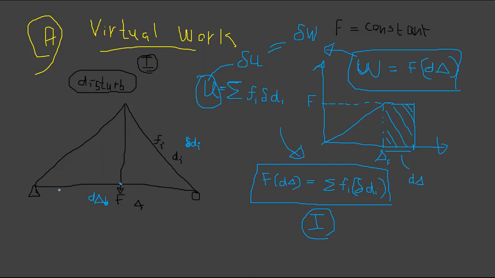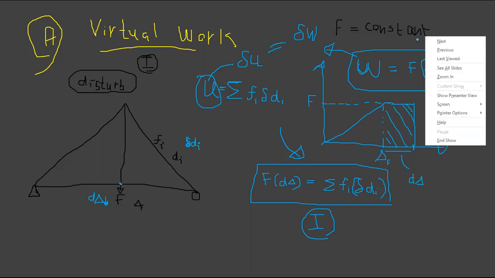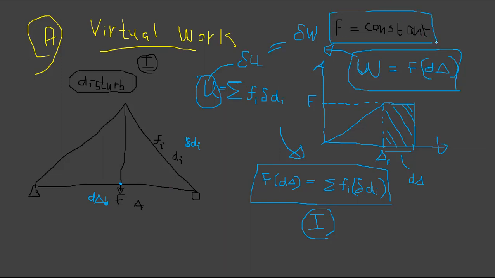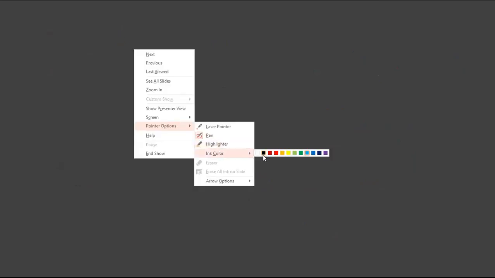The next step is, keep in mind, in the first method F is a constant, which brings you to the second method where delta is a constant. So this will be your truss. Let's say we apply a force F and the deformation is delta F, and each member will have a force of Fi and deformation of Di.